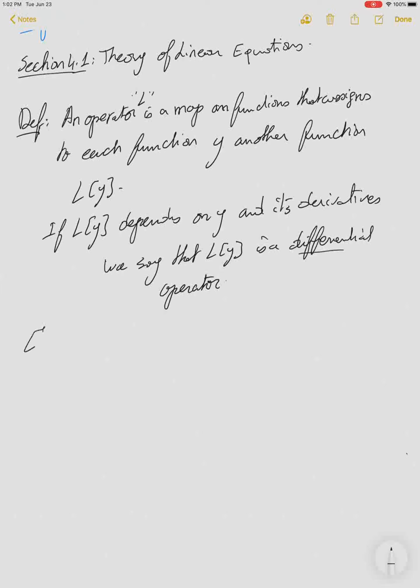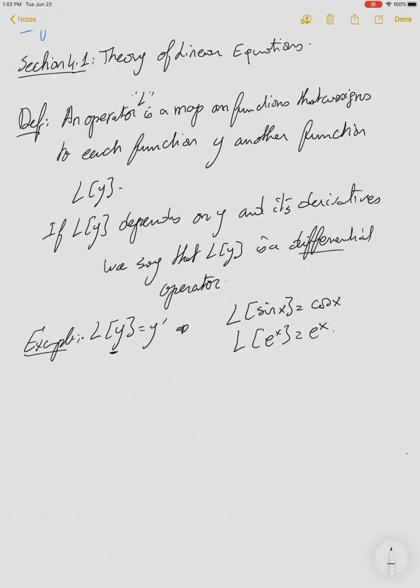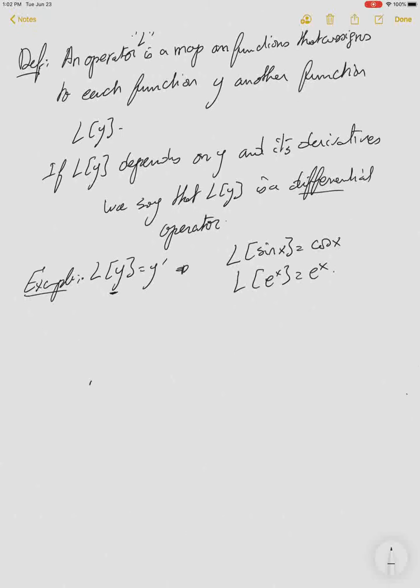Well, let's give an example. Let's say L of y equal y prime. So this takes a function y and gives me the derivative. So in this case, for example, what is L of sine x? L of sine x is the function cosine x. L of the function e to the x is the function e to the x. Another example is L of y equal y squared plus 1.